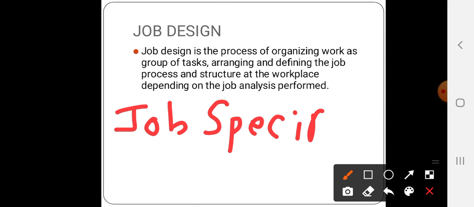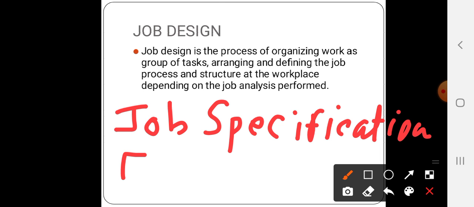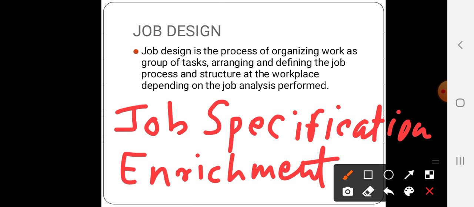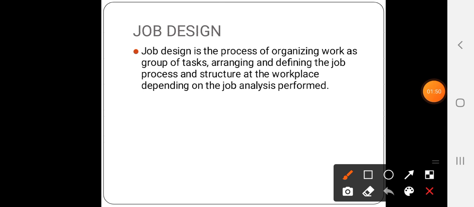So these are the four aspects. First is job specification. Next is job enrichment. Next is job enlargement.